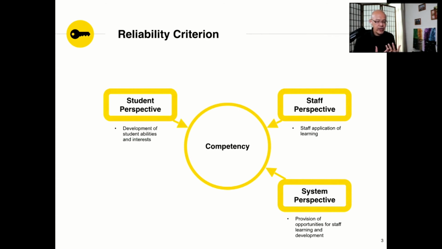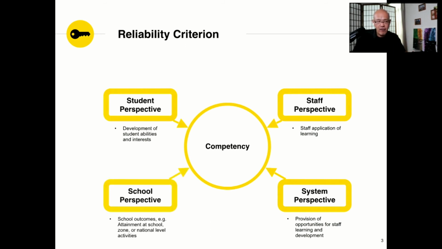Did it actually make an impact on a student, and did the student develop that certain set of abilities and interests that is a result of what the teachers have done in the classroom? And of course, once you have a good majority of your students being able to achieve that goal, then of course it will have an impact at the school level, right?